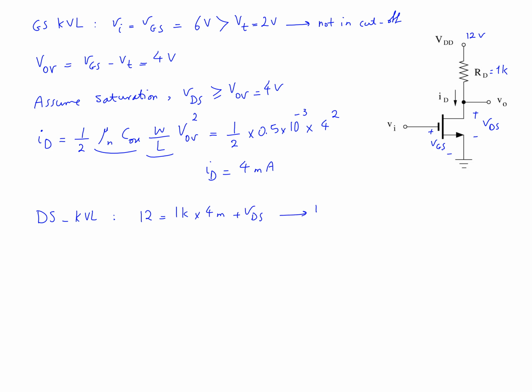From there, V out, which is voltage of drain to source, equals to 8 volts. Okay, so let's check and compare this VDS with the value of V overdrive and see if our assumption was correct or not. Yes, this is greater than 4 volts. That means our assumption was correct.